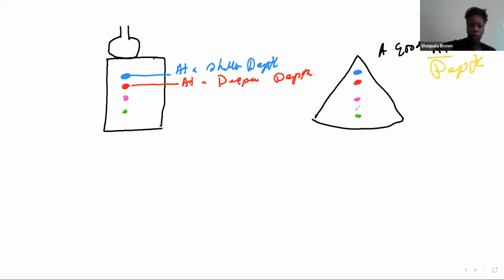Clear? But it also has other names, which are longitudinal resolution, range resolution, and radial resolution.